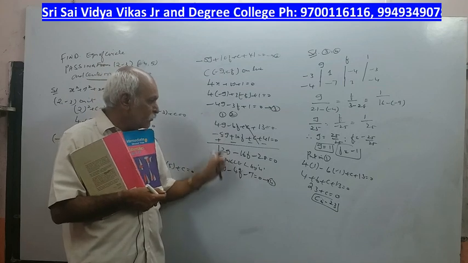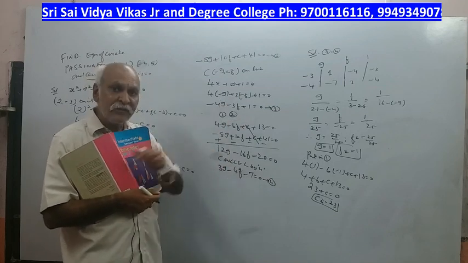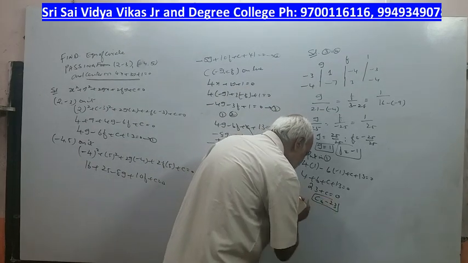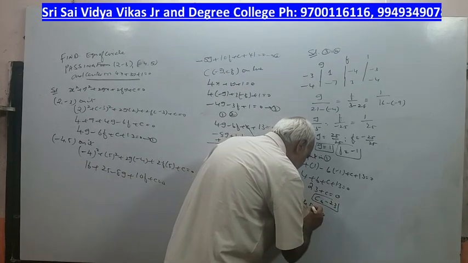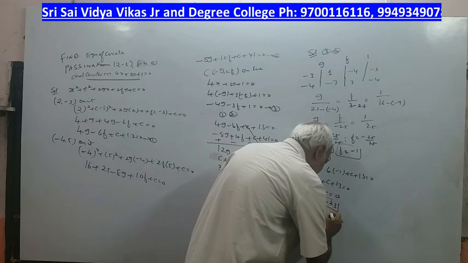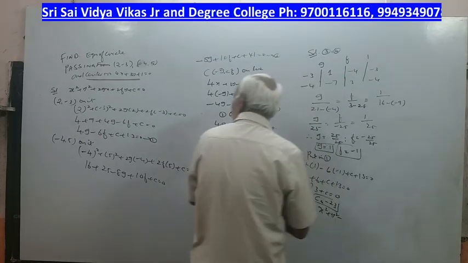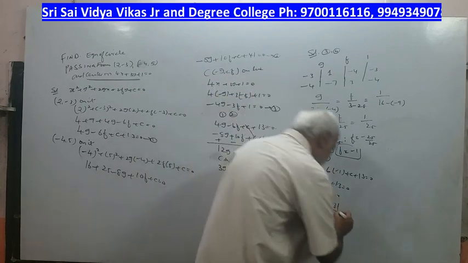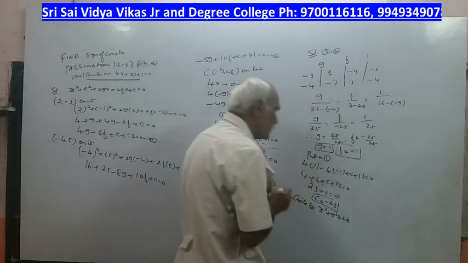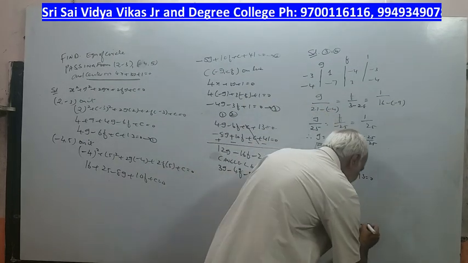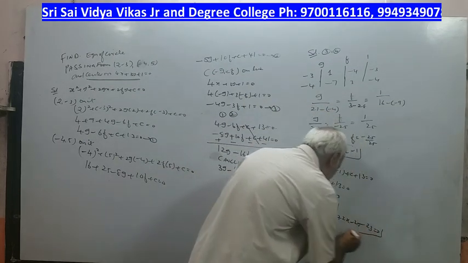Here c eliminated, 4th equation has come. With the 3rd equation we are solving. We got the c value. Therefore, circle equation: x square plus y square plus 2gx, g value how much we got? 1, plus 2x, then 2fy minus 2y plus c minus 23.